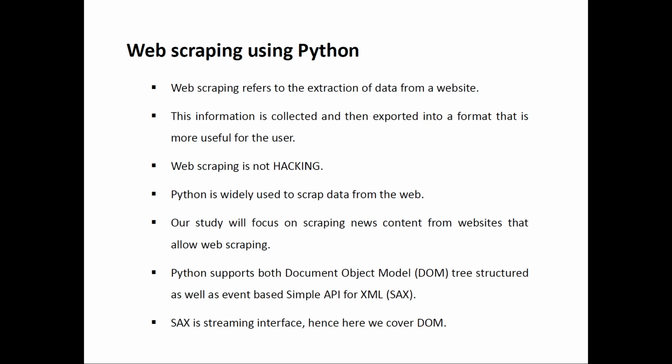So what the WhatsApp app is doing is interacting with another app with your permission. That means it is going to extract data from some other app with your permission. That is what scraping is. And when you do it from a website, it is referred to as web scraping.